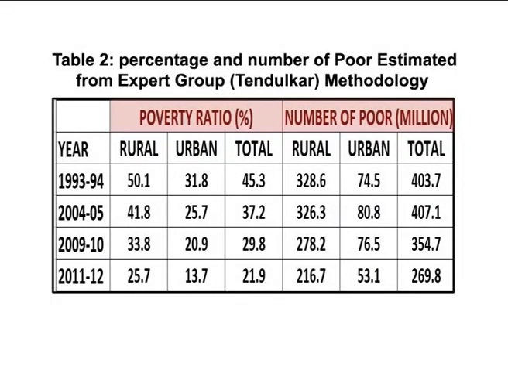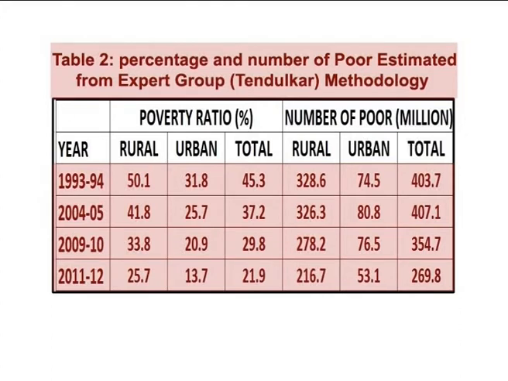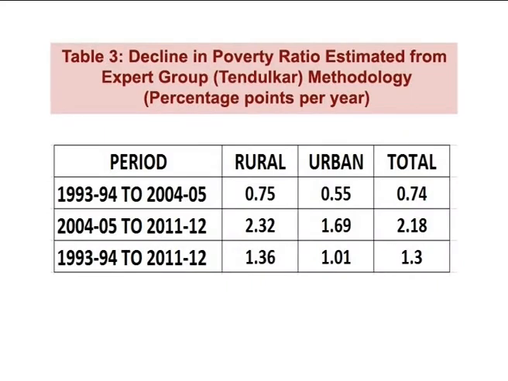The estimate of poverty ratio and the number of poor at the national level for the years 1993-94, 2004-05, 2009-10 and 2011-12 derived from Tendulkar methodology are given in Table 2 as shown on the screen. The rate of decline in poverty ratio during different periods is given in Table 3.